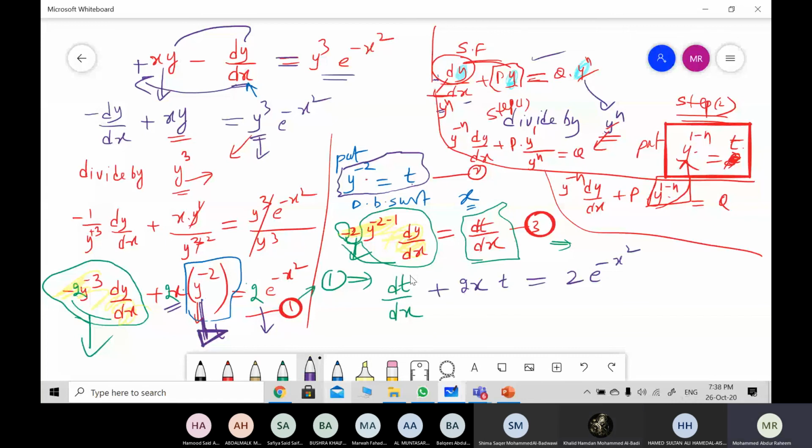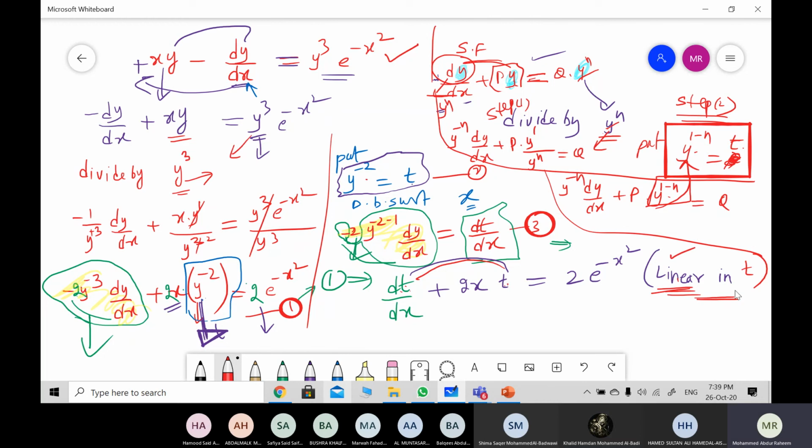Linear in what letter? It is linear in t. So it means to say that every Bernoulli differential equation will become what in the end? A linear equation. Every Bernoulli will become what, after this substitution and division?